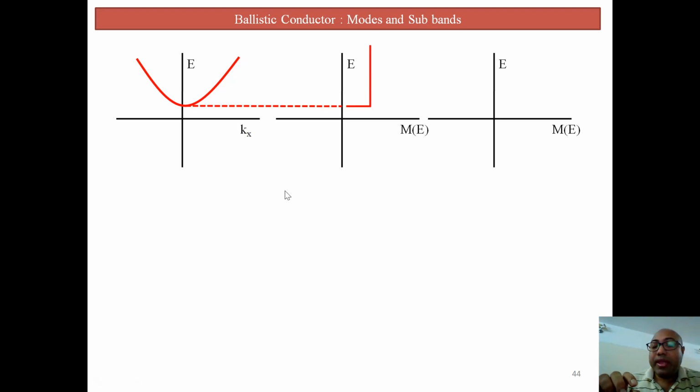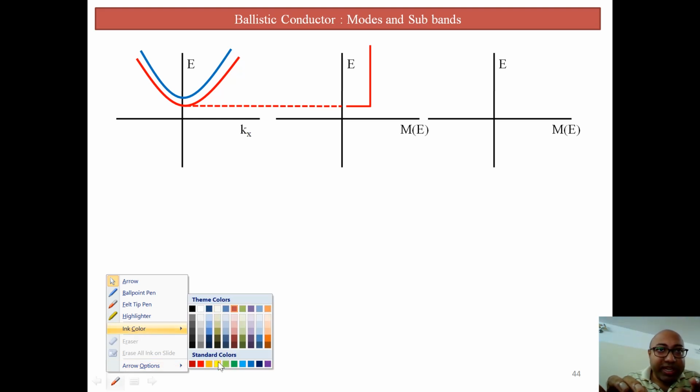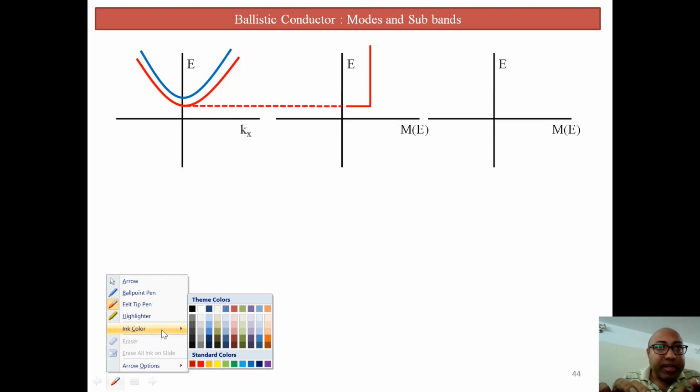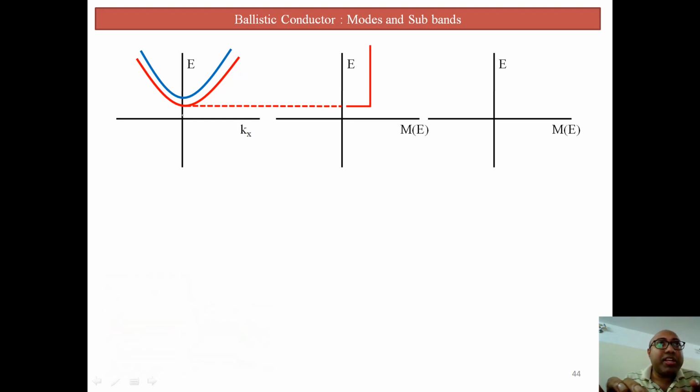Correct? Fine. Now suppose you have another level, n is equal to 2. So what will happen? You are doing integration from here to here, so that means you are covering two energy levels.